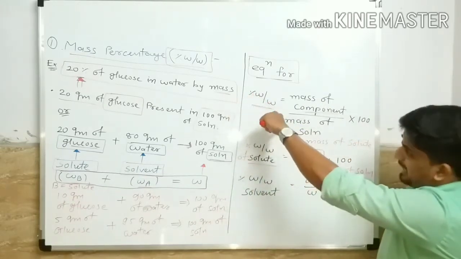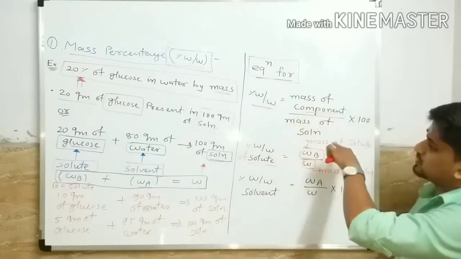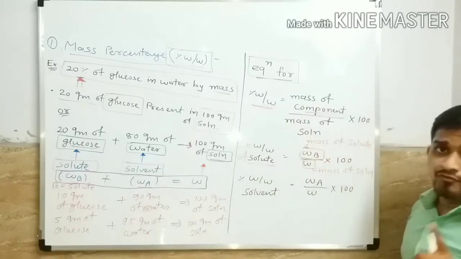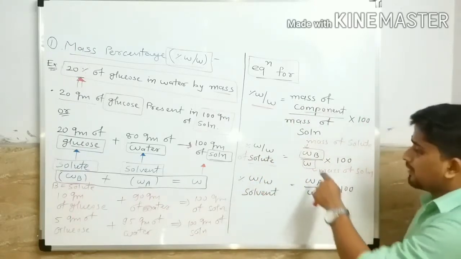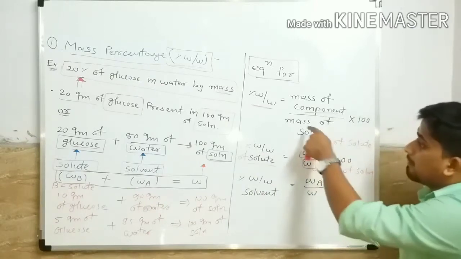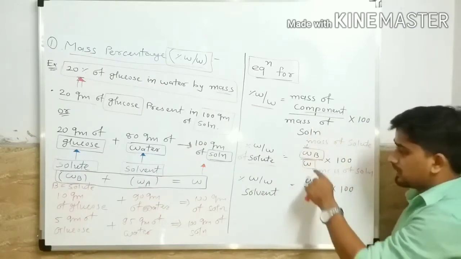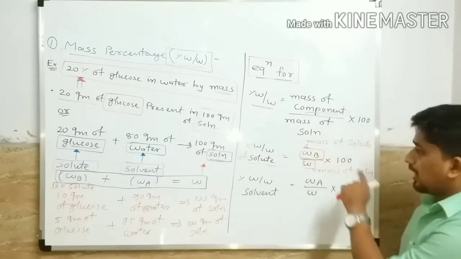Okay, so percentage W by W is equal to mass of component upon mass of solution into 100. If we have to find percentage W by W of a solute, then we take mass of solute in the numerator and mass of solution in the denominator, which we represent by WB by W into 100.